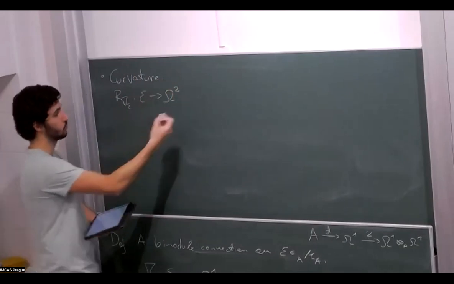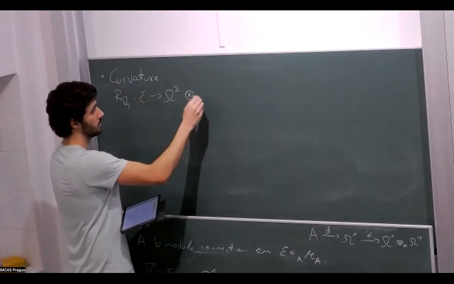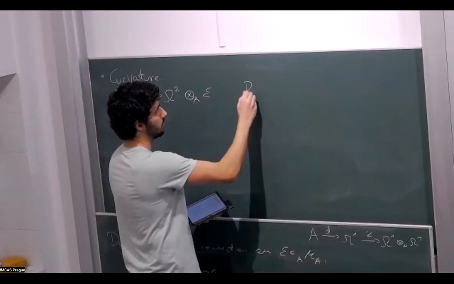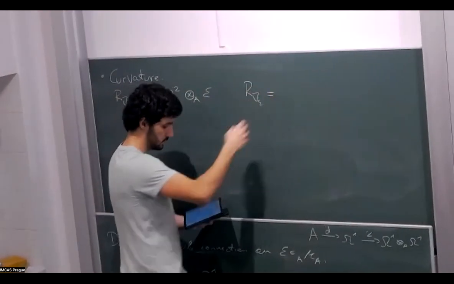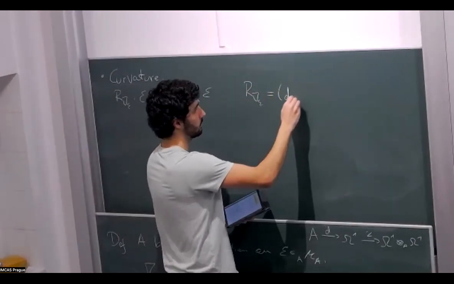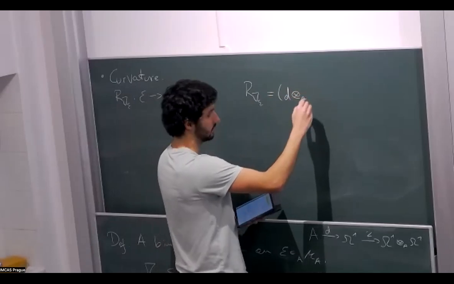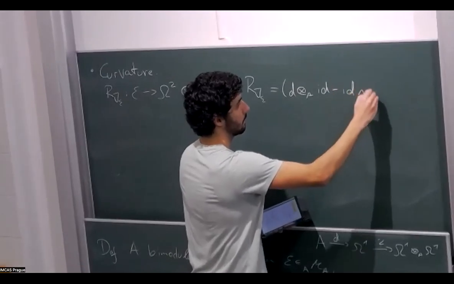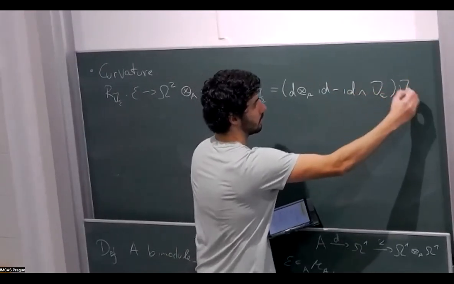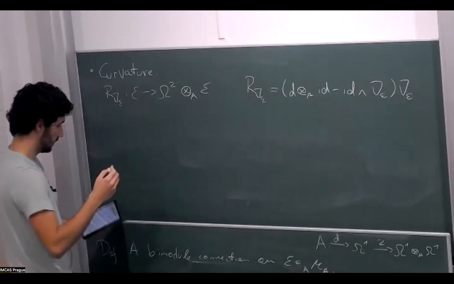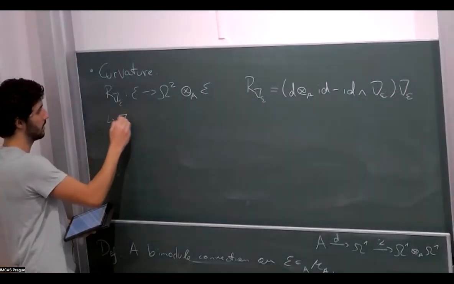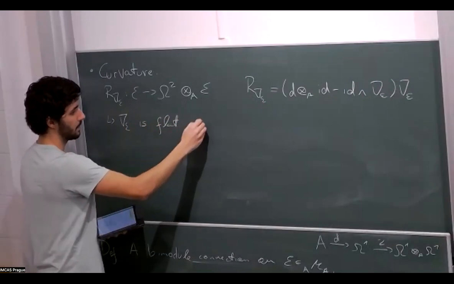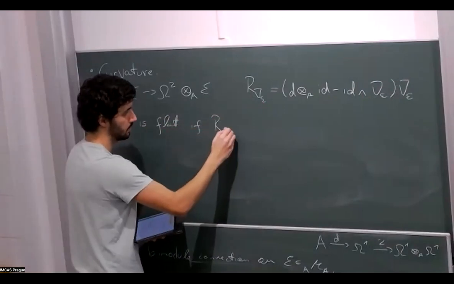So for this notion, we need two forms tensor A, E. And so just to write it down very quickly, this is defined as such. The definition is not very important for today, but this recovers exactly the classical notion of curvature. And we say that a connection nabla is flat if this map is 0, as you'd expect.